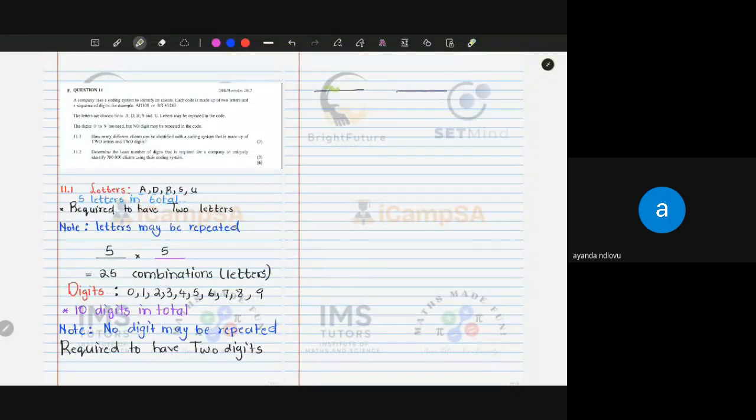So guys, the first option we are going to choose from how many digits? 10. And for the second digit, we're choosing from how many? 9. So this just becomes 9 times 10, which becomes what? 90. 90 combinations.